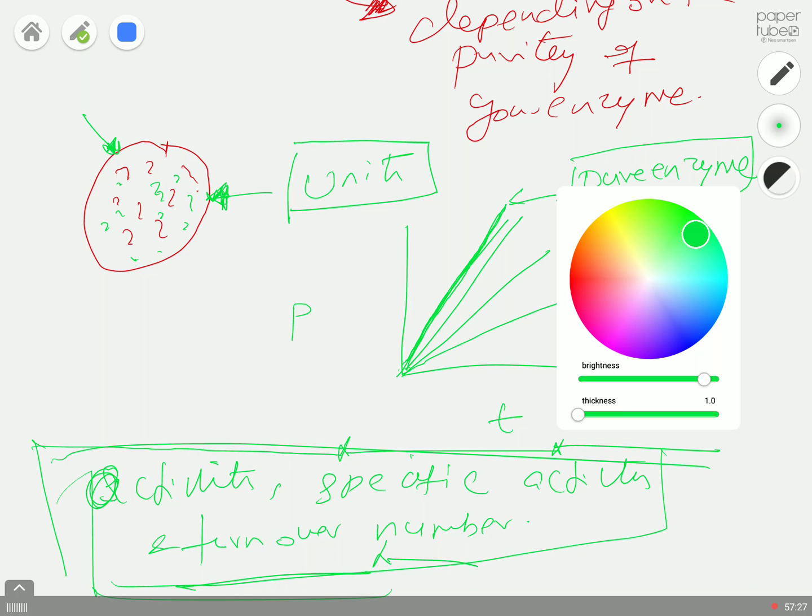Meanwhile, maybe we can solve a few problems that will help you understand how you get activity if you have experimental data, and how you get specific activity, because that is one way to characterize your enzyme. Solving a few problems will be the easiest way to learn this concept. I can do one problem now because I already have it in the notes.